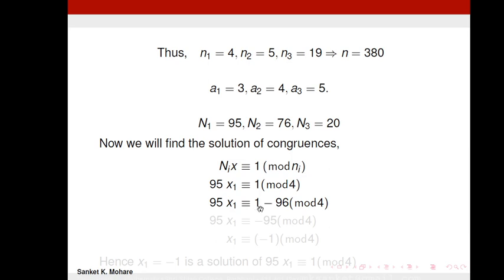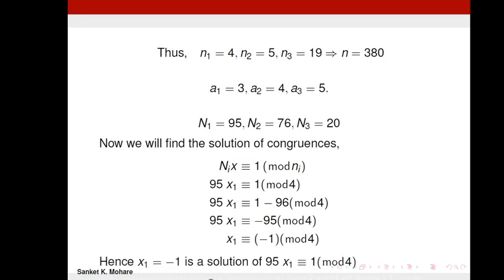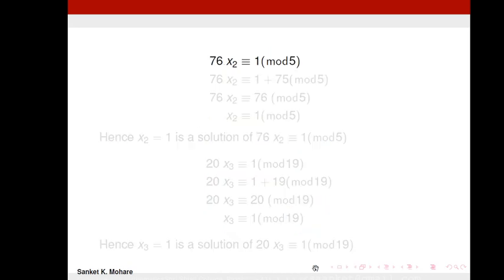So we either subtract or add a multiple of 4 to 1 such that 95 divides this quantity. So 95x1 is congruent to minus 95 modulo 4. So x1 is equal to minus 1. Hence x1 equal to minus 1 is a solution of the congruence 95x1 congruent to 1 modulo 4.